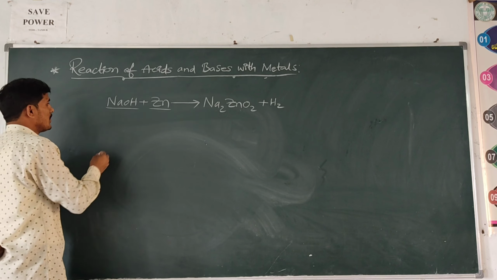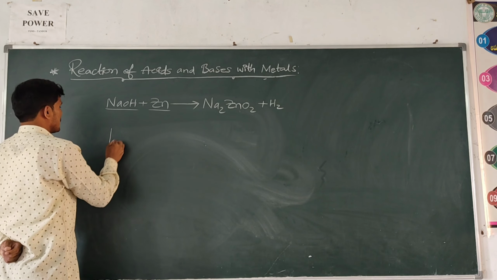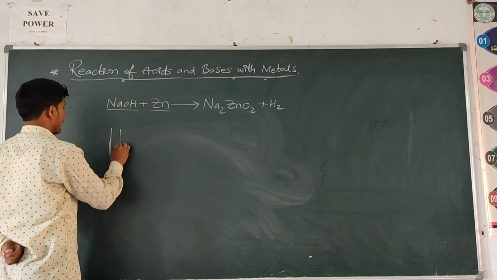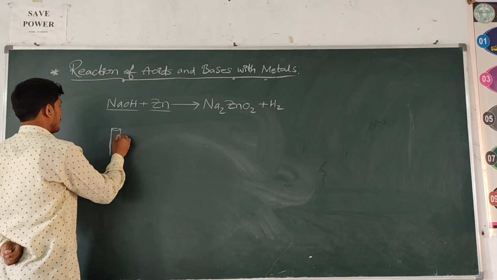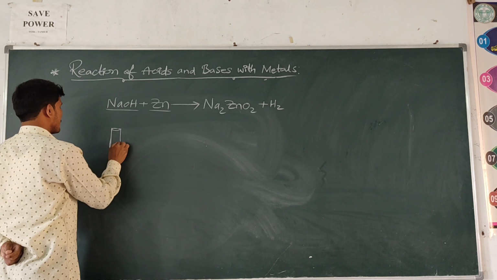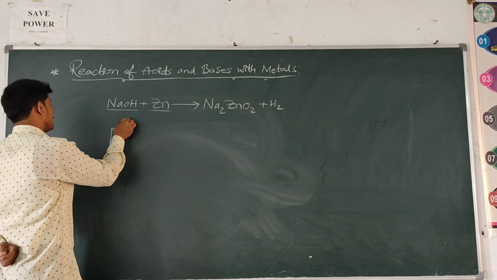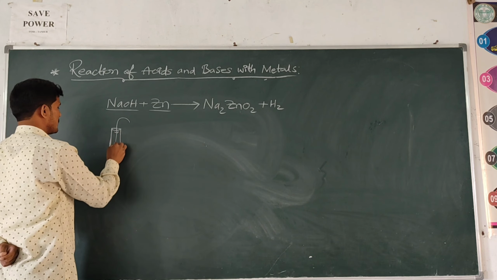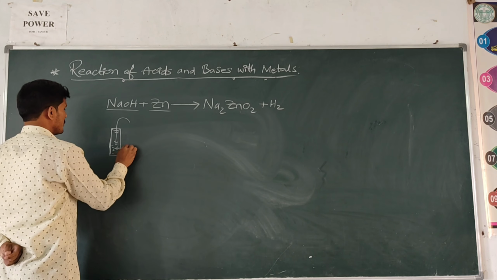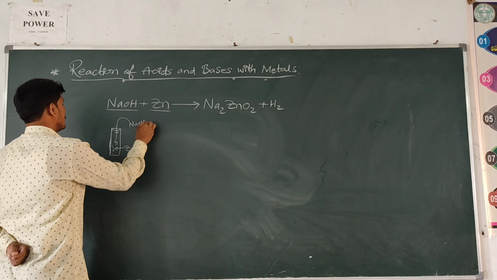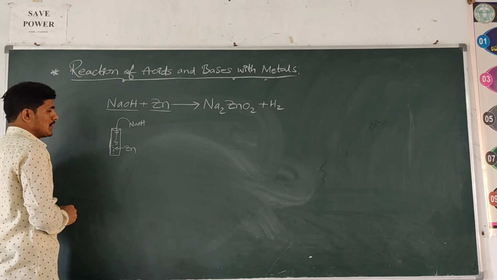Here, take a test tube, and in the test tube take a few grams of zinc granules, and add a few ml of sodium hydroxide.